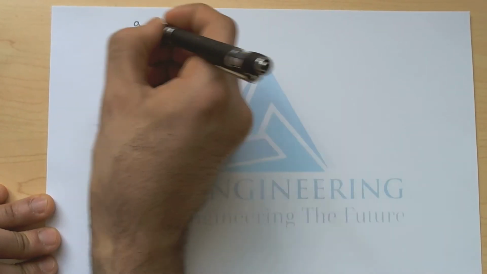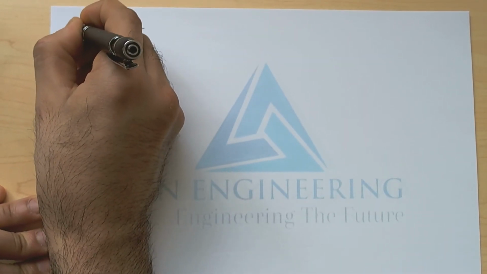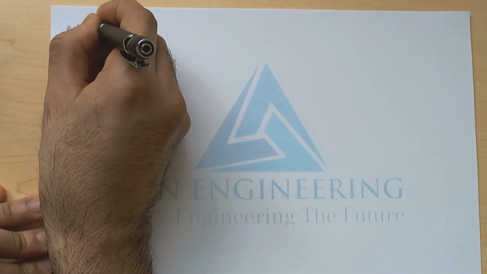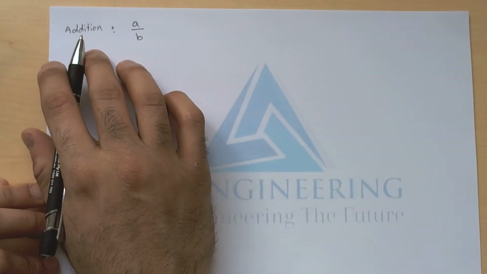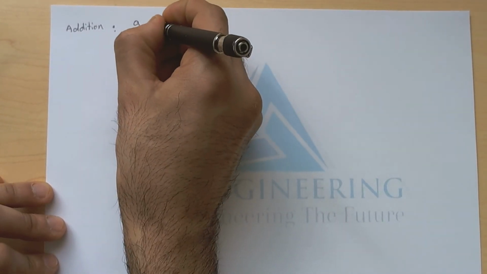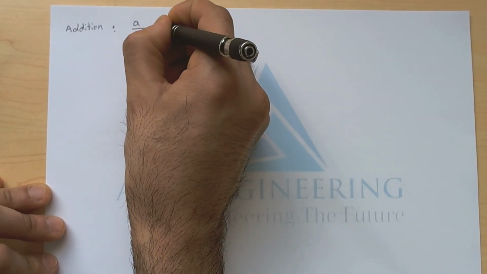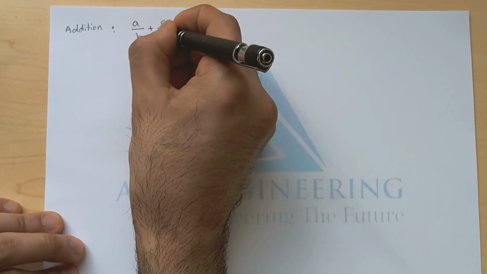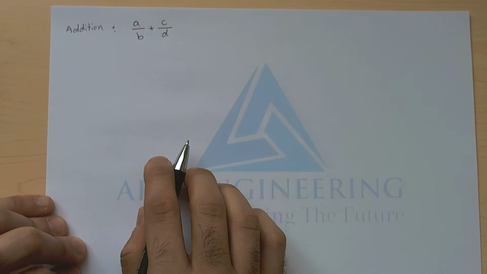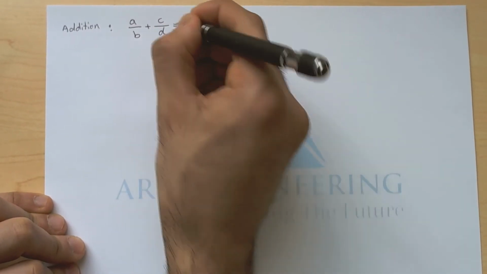Let's look at addition. Addition and subtraction, they are really not different. So let's add a over b to c over d. So how would we do this?